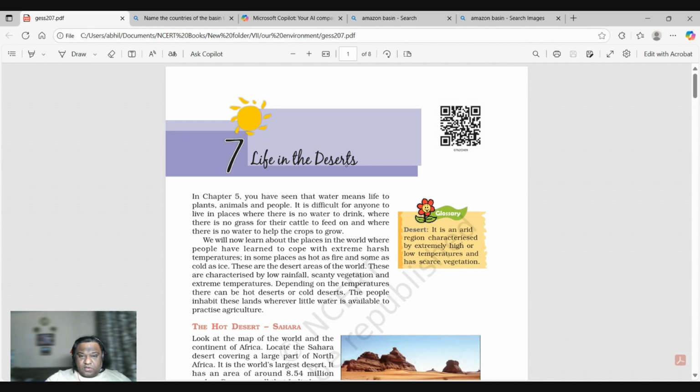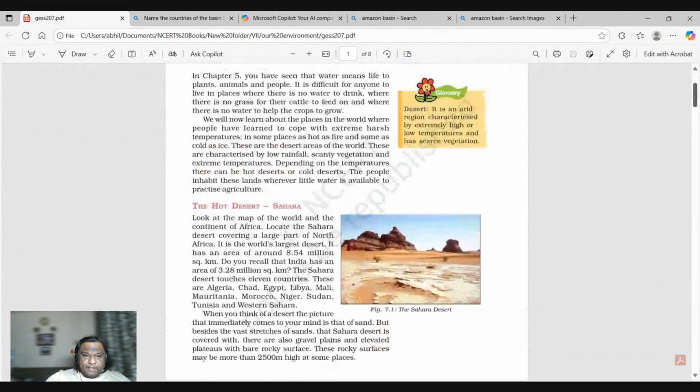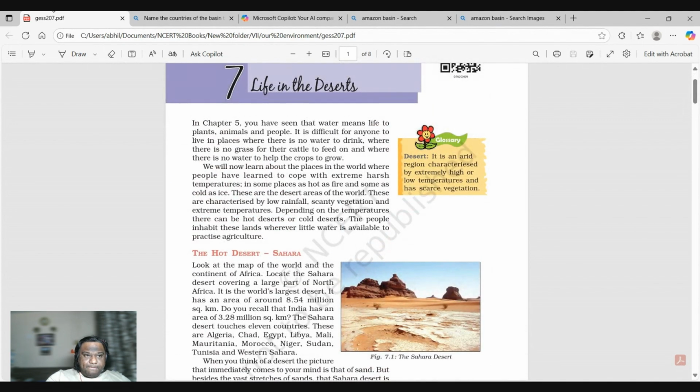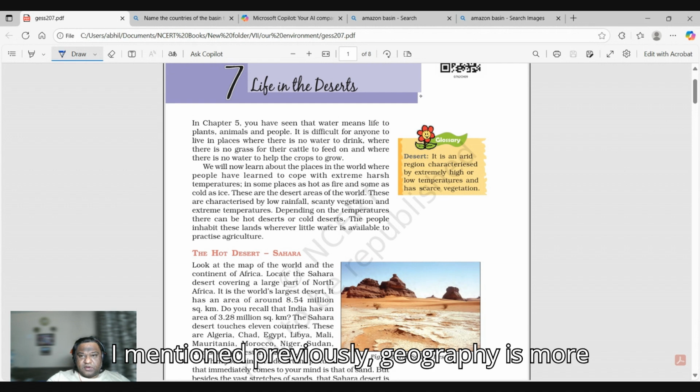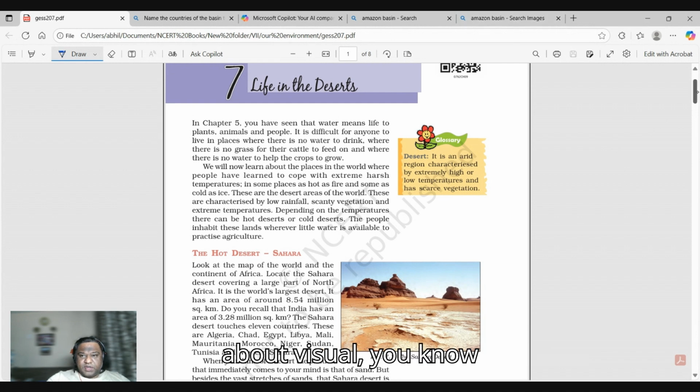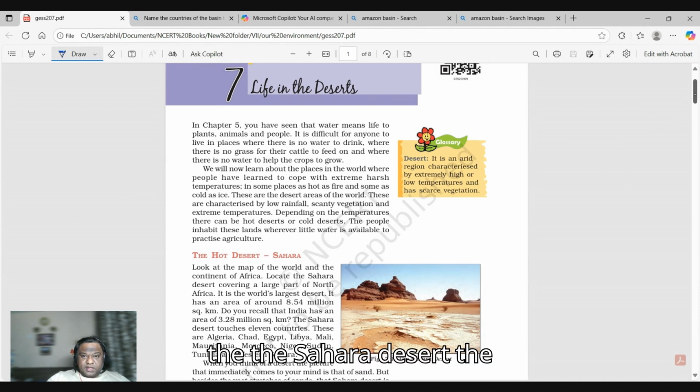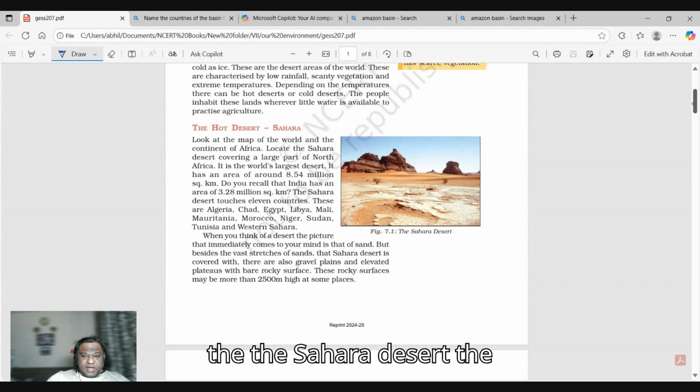So now running through the chapter's PDF. As I mentioned previously, geography is more about visual feeling. So you'll see visually here the Sahara Desert, the way it is shown.